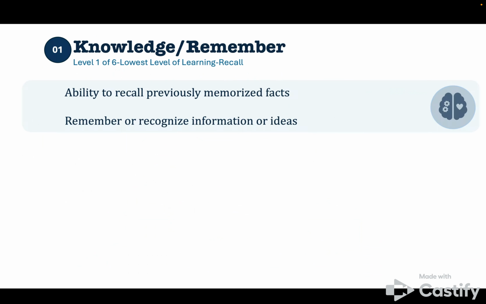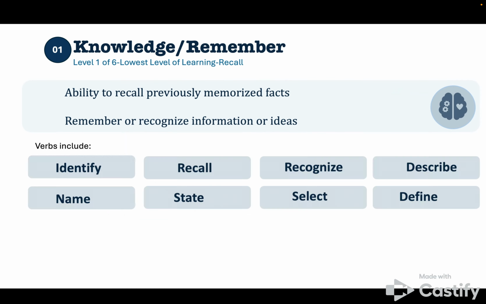The first level is knowledge. This level focuses on recalling previously memorized facts. It also focuses on the student's ability to remember or reorganize information or ideas. Notice that there are verbs associated with each level. These are very important in Bloom's taxonomy because these verbs help teachers write objectives that align with each level.